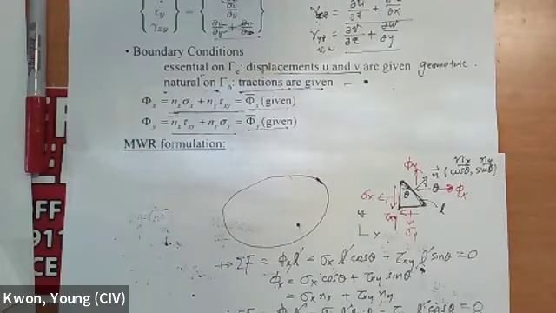Got it? So this is some kind of simple review of theory of elasticity. Since you haven't taken any class in theory of elasticity, I spent some extra time to explain that. But the bottom line is that now you got an equation and boundary condition, and how do we solve that using the finite element solution technique?